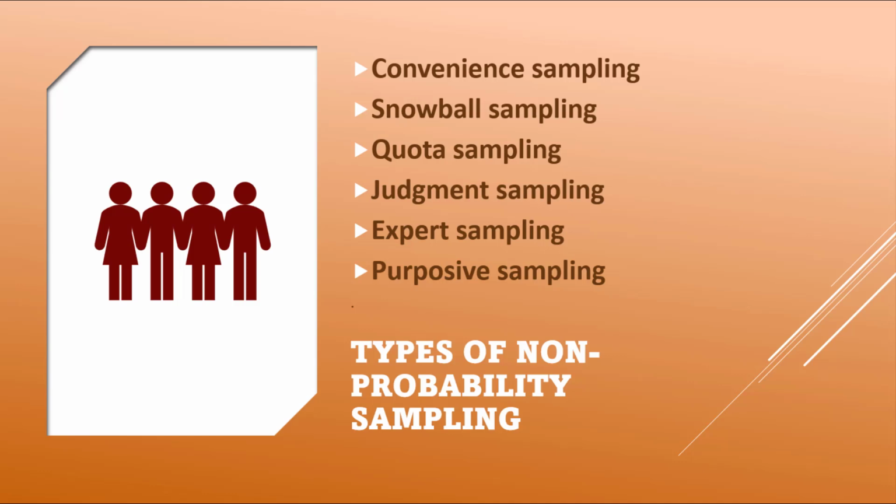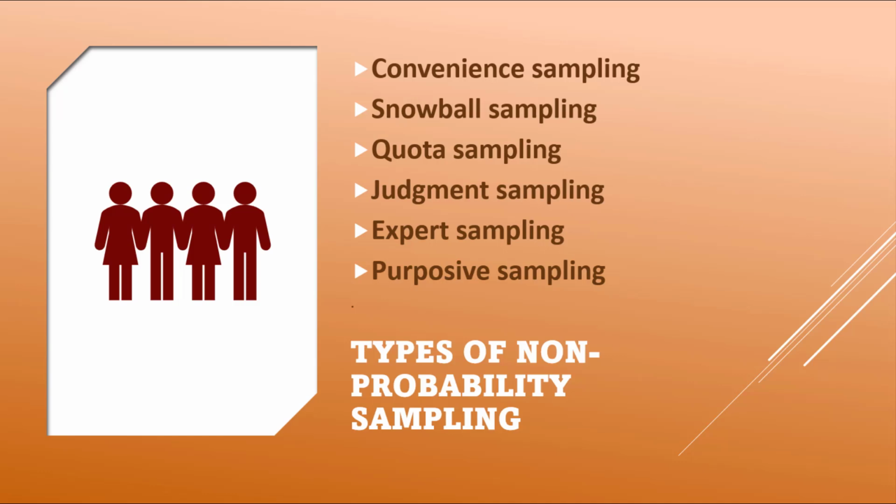Then we have quota sampling. In quota sampling, the sample is taken based on certain characteristics of the population. It is similar to stratified random sampling, but that was random sampling, whereas quota sampling is non-random. So this is the main difference between quota sampling and stratified random sampling.